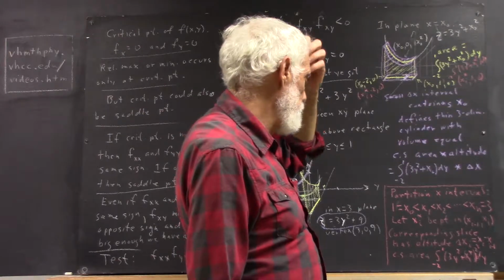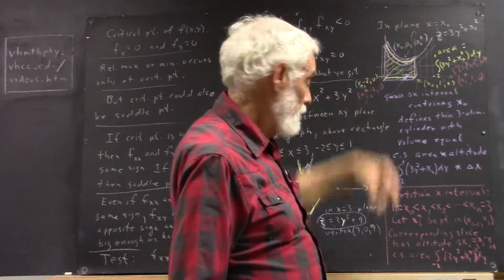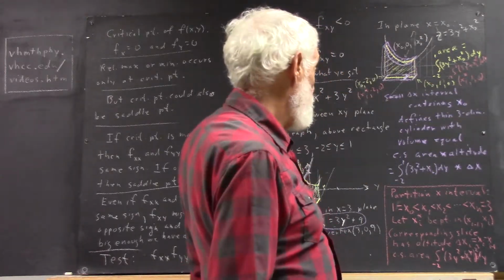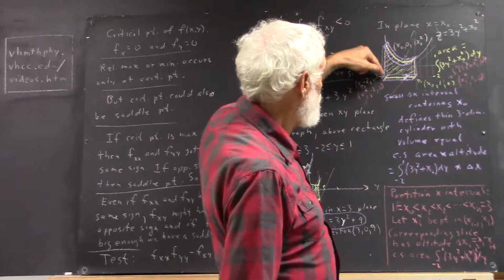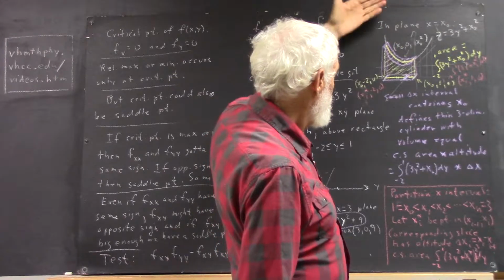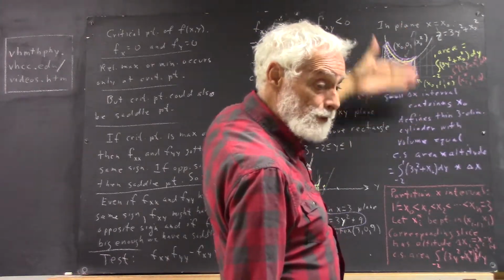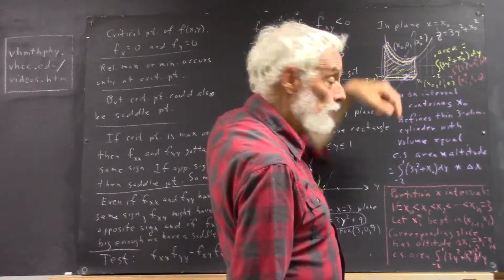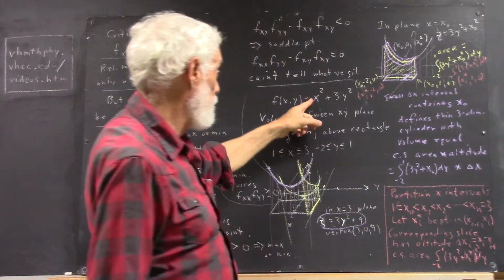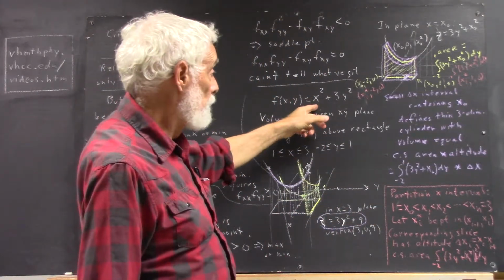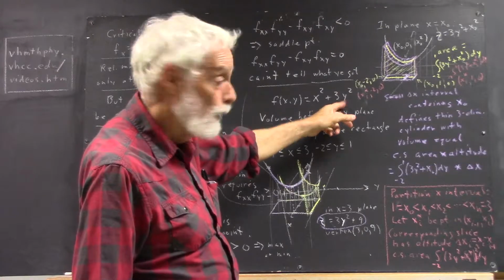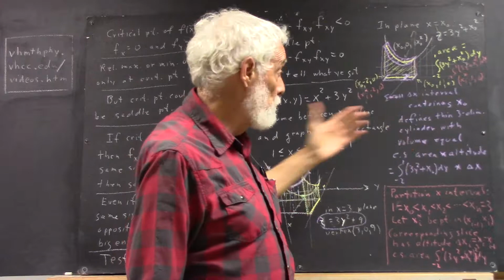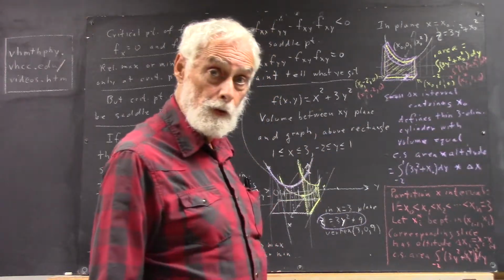Well, let's back up a second. I didn't say it, but I did say it earlier. I said it in yellow before I did any of the purple stuff. What is the area of this region in the x equals x naught plane? Well, the function in the plane x equals x naught, if x equals x naught, then we have z equals x naught squared plus 3y squared, and we know we can get the area by integrating that function between the endpoints of the curve.